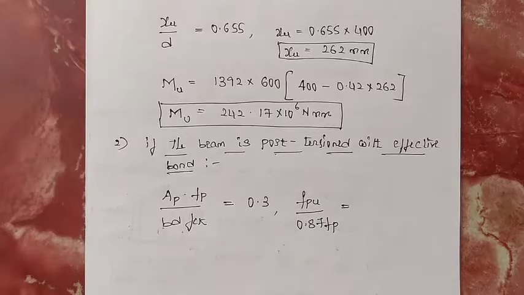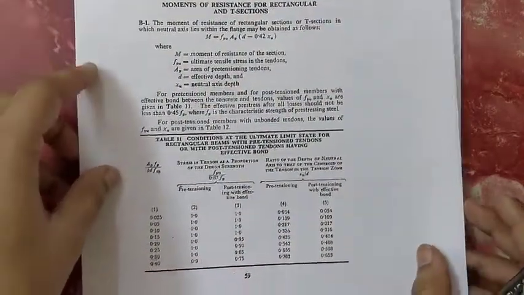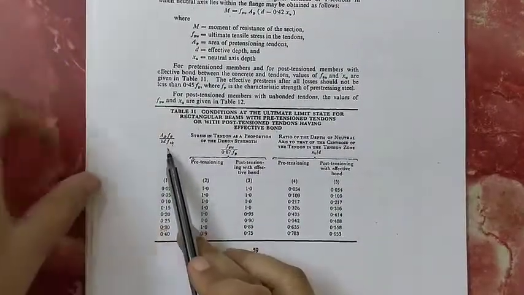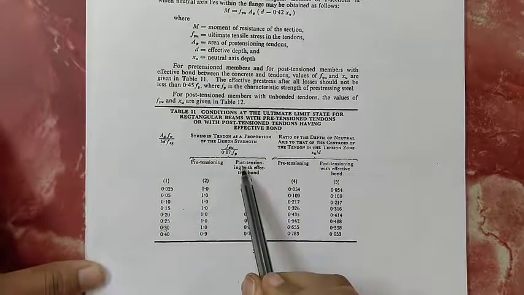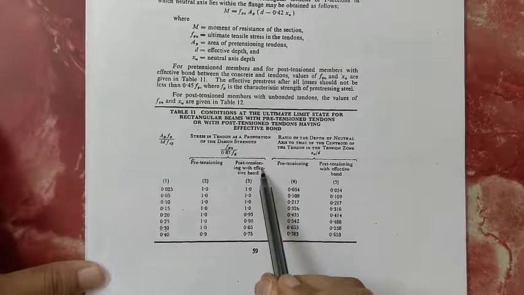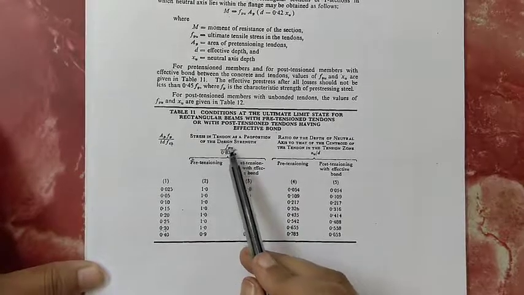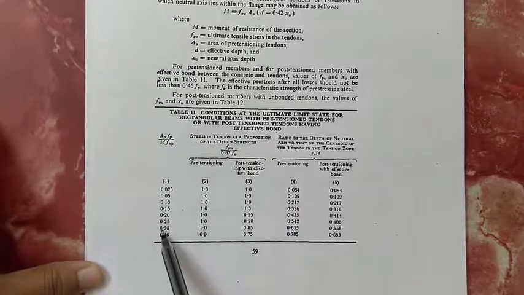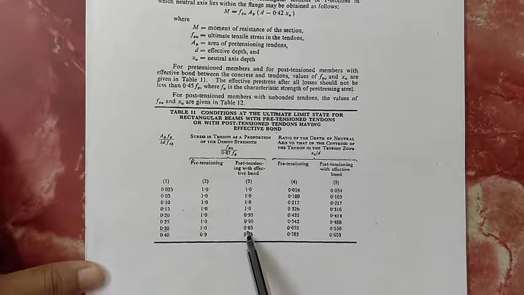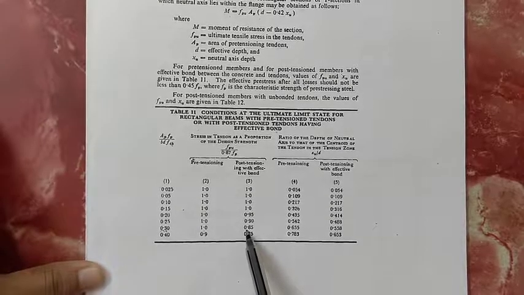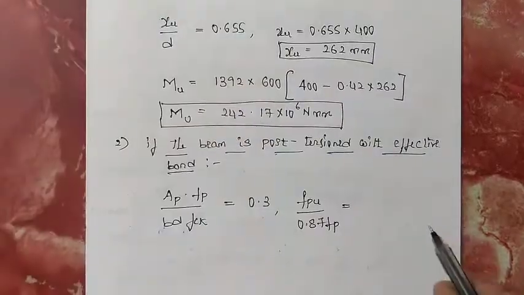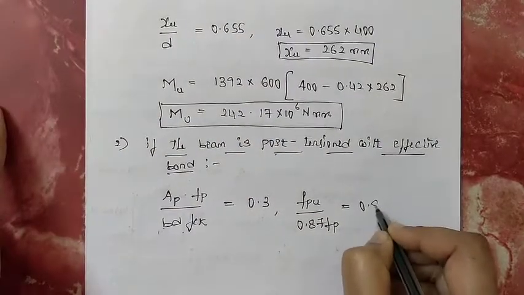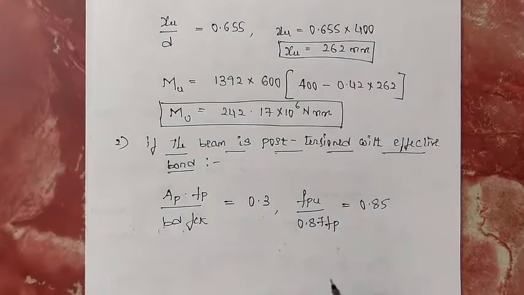I will show you that. See, you can observe here, for AP FP BD FCK equal to 0.30, the second case is post-tensioning with effective bond. You need to calculate FPU by 0.87 FP. Along 0.30 move it. You obtained FPU by 0.87 FP as 0.85.